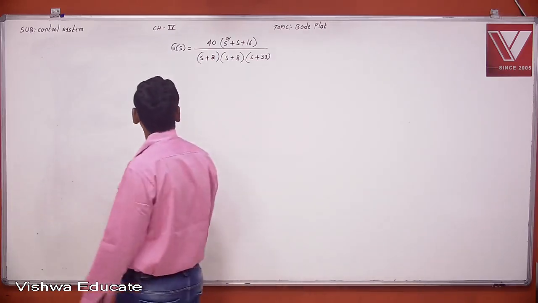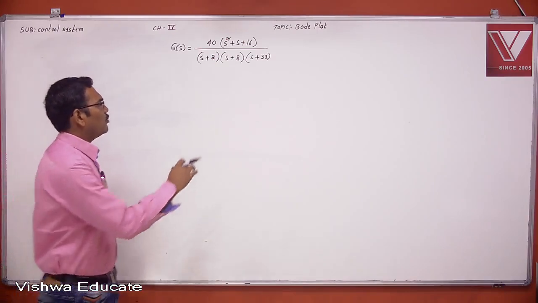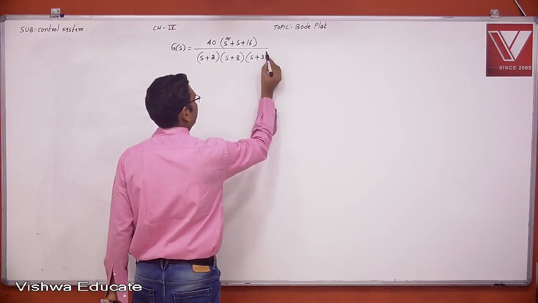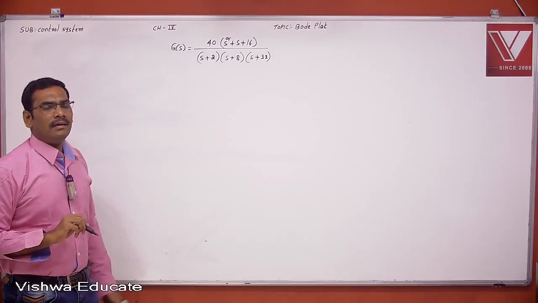Now this is the transfer function. Use your shortcut method to draw the Bode plot first. Now what is step 1? Find gain and corner frequencies.